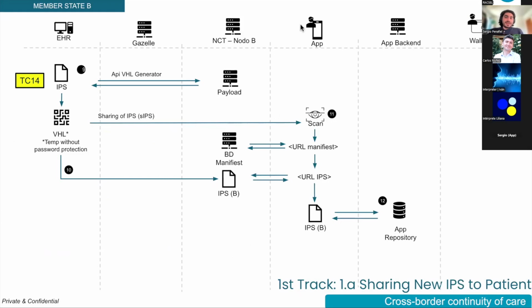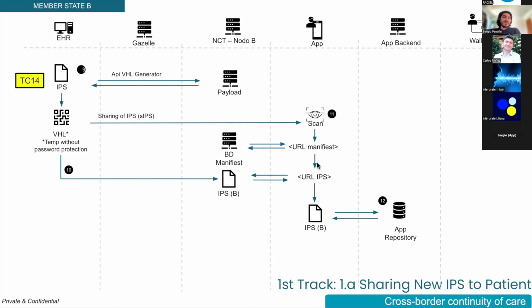And so the application now works in the reverse order. It scans the VHL, it will search for the information that is part of that VHL, it carries out the necessary requests with the country B node, it verifies the signatures, and it gets the URL for the IPS, and then we get the final IPS, which the application locally records, and it's saved.